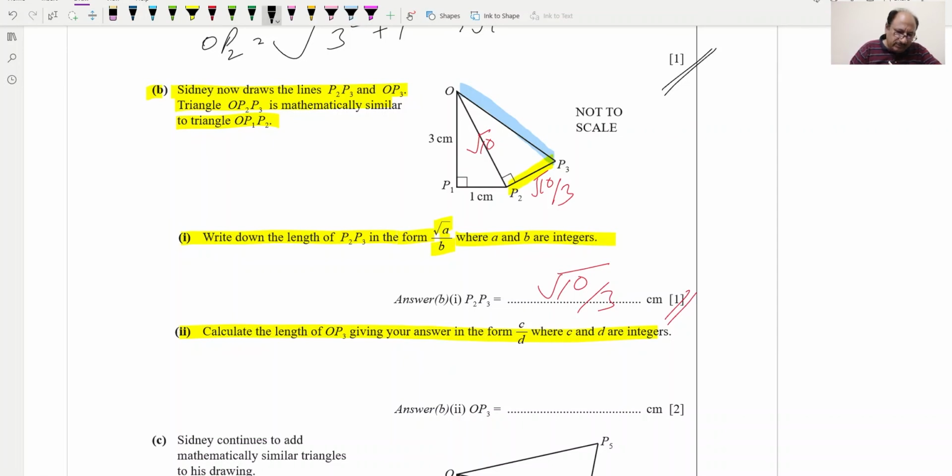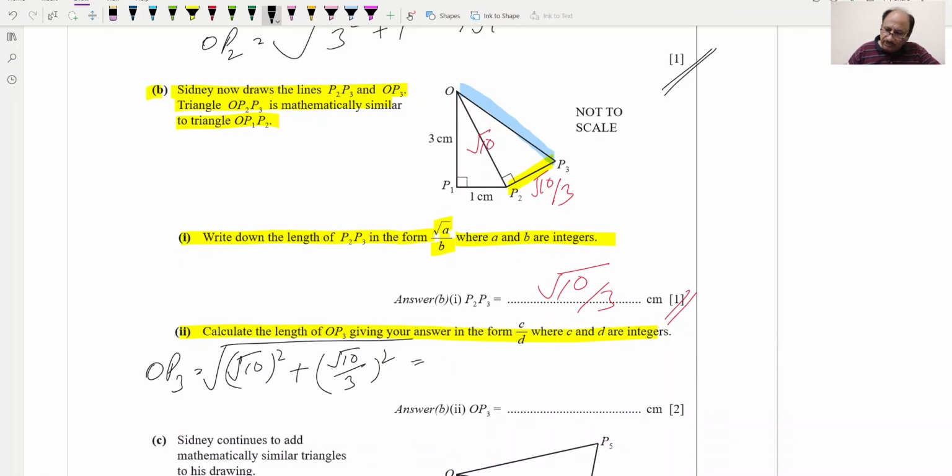So OP3 will be equal to, I'll rewrite, OP3 is equal to under root 10 squared plus under root 10 over 3 squared, and this will be whole under root.